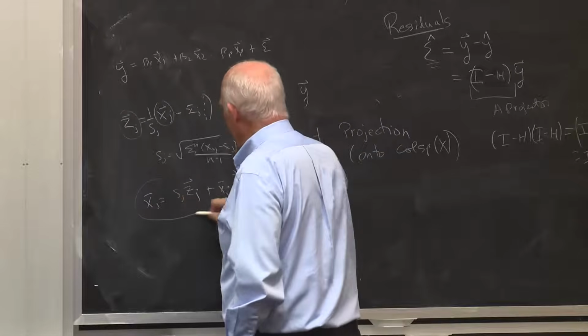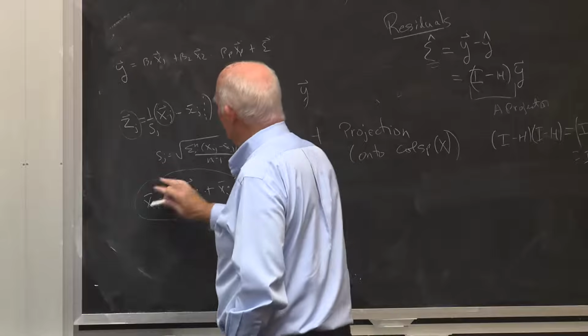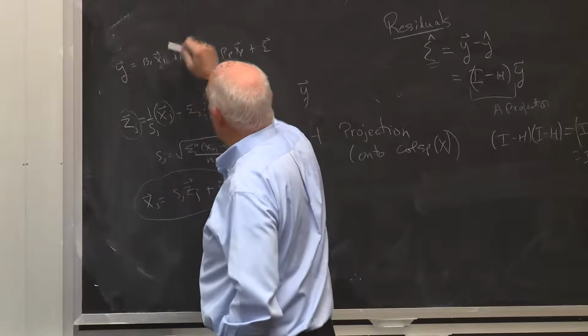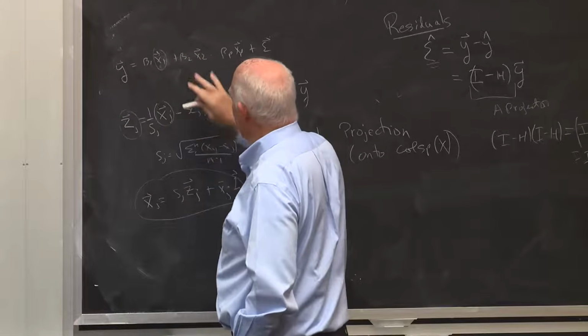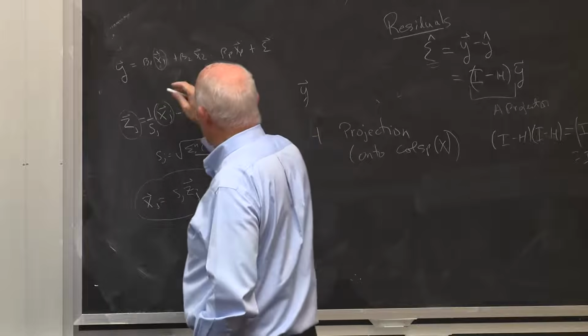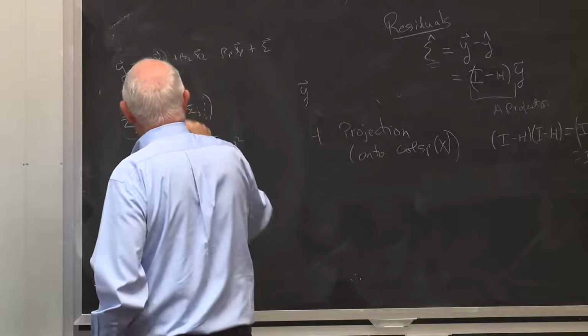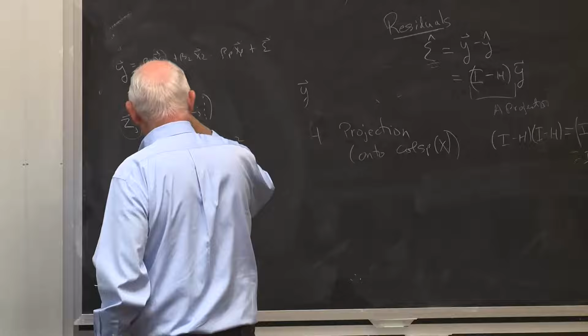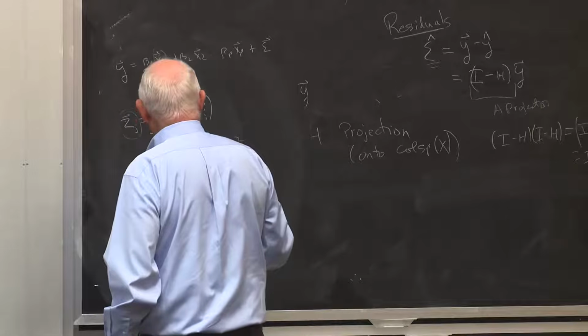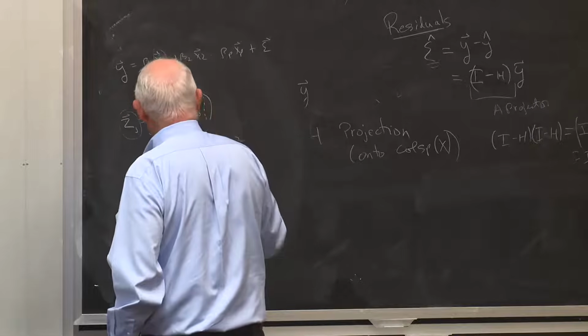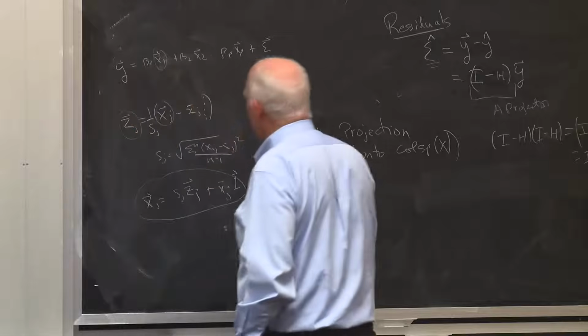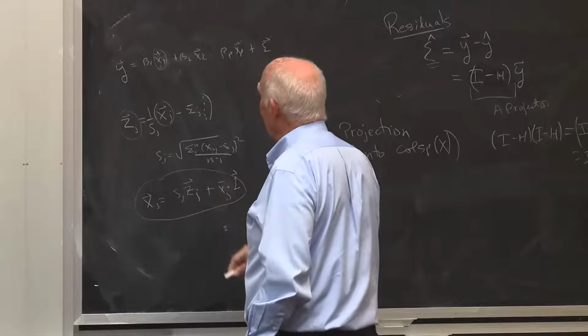If we plug in to our xj values here, we end up getting this equation with the same regression parameters coming into play.